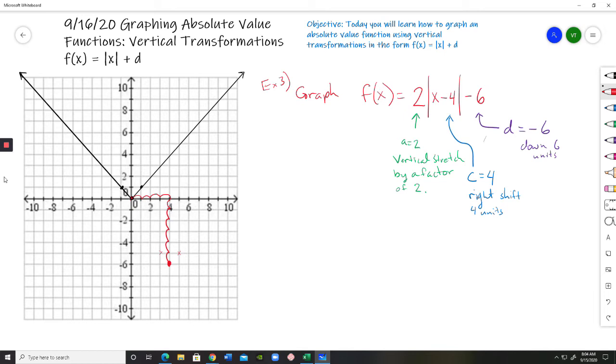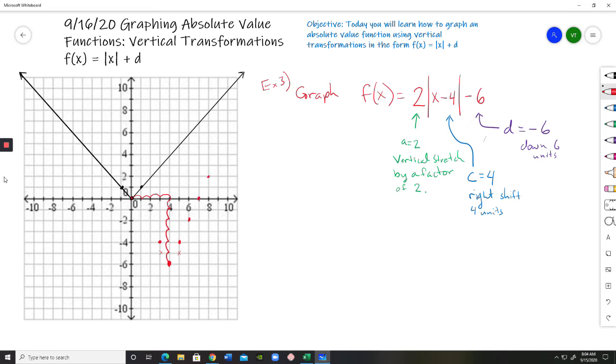That is not what we're going to do. We are going to go over 1 and up 2 because that vertical distance has been stretched by a factor of 2. So that means now we know that these are straight lines, so basically our slope is 2. So up 2 over 1, up 2 over 1, right?